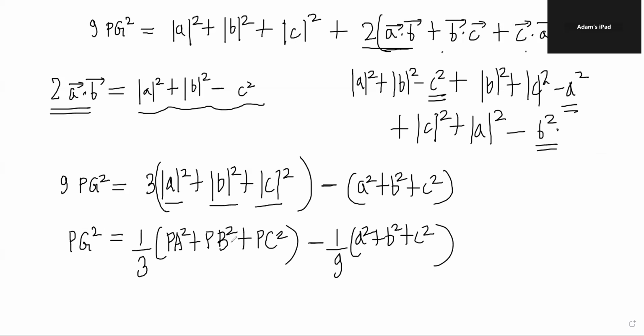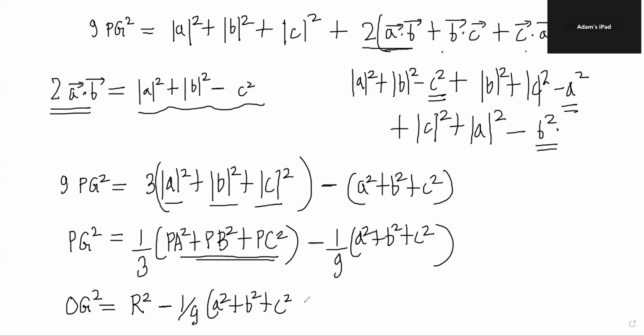Now you put P as the O and you get OG square is equal to 1 by 3 into 3R square, right? Now you put P as the circumcenter and then PA square plus PB square plus PC square becomes 3R square.